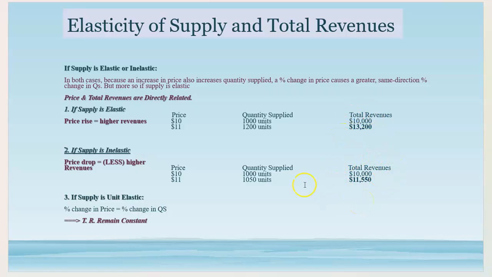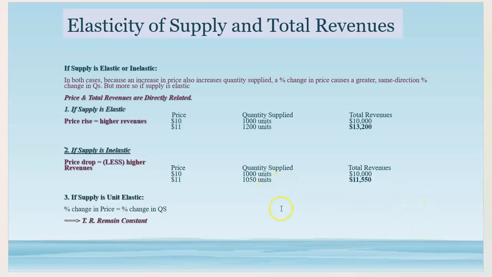So let's look at this example, right? The price goes from 10 to 11. This is a nice healthy jump in price. The quantity supplied follows, and the total revenues increase from 10,000 to 13,200. But down here, the price increases by 10%, if we're not using the mid-range method, just normal math. But the quantity, instead of increasing by 20% like up here, is increasing by only 5%.